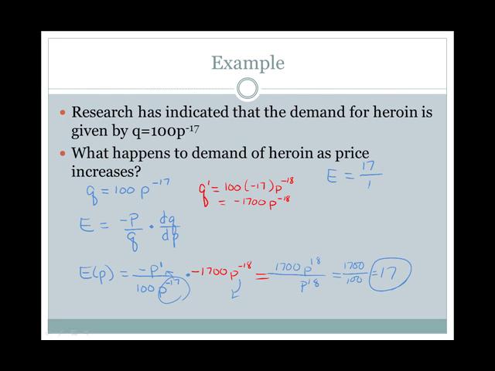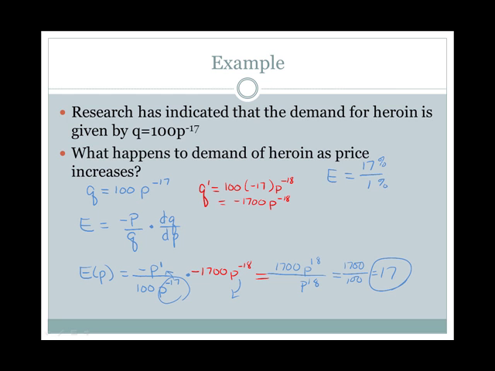So if my E is 17, I can put a 1 under it to make it a fraction, which would say if my price went up 1%, my demand is going to drop 17%. In this case, the current price is not as much the factor as just the increase in price.